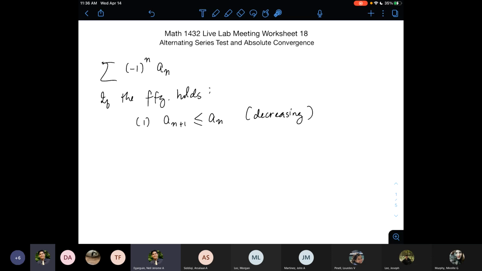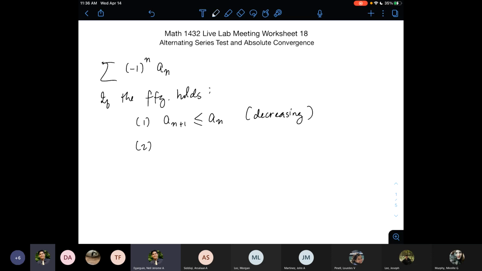We say that this should be true. The most basic AST, or alternating series test, requires this to be true for all n's. But actually, you can easily deduce that if this holds starting from a large n, then AST will still apply. But I guess you just deal with the most basic one and check if it's decreasing.